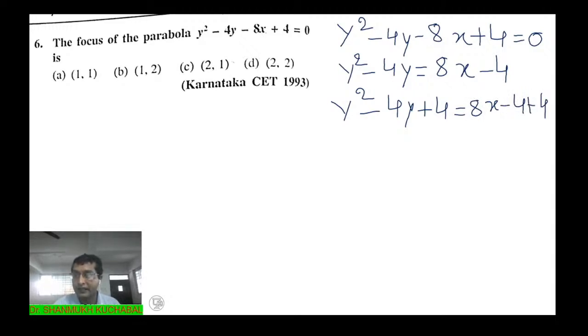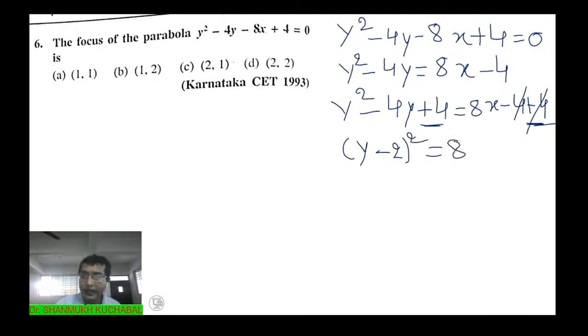Once again, instead of plus 4 minus 4, I have added plus 4 on both sides. You know the completing the square method, minus 4 plus 4 gets cancelled. So this is of the form a square minus 2ab plus b square on LHS. We can write that as y minus 2 whole square equal to 8x.